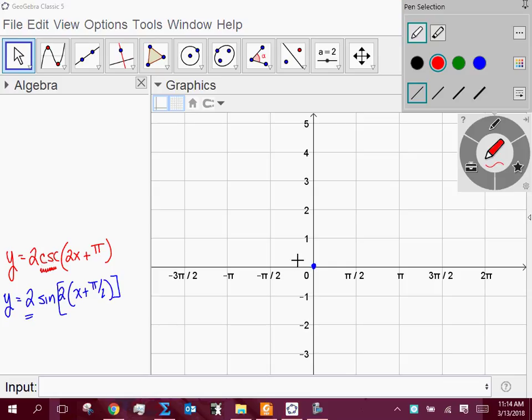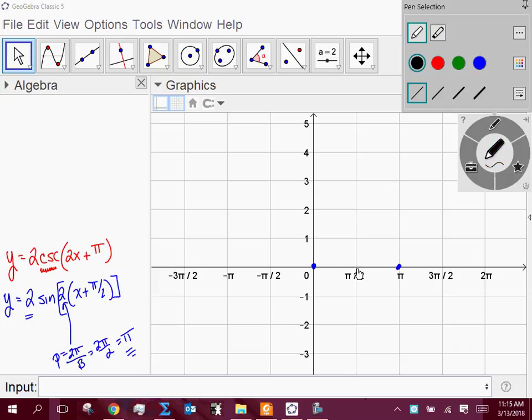Now what is that number going to do to my period? 2 pi over b. It's going to change my period to pi. So I know my sine function is going to start here at 0, 0, and finish at pi. Normally, if there wasn't a b value here, it would start at 0 and finish at 2 pi. But now our period is pi, so it's going to stop there.